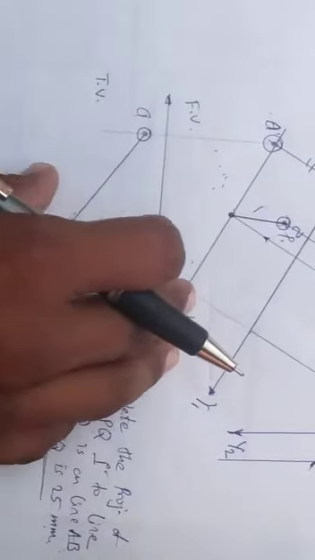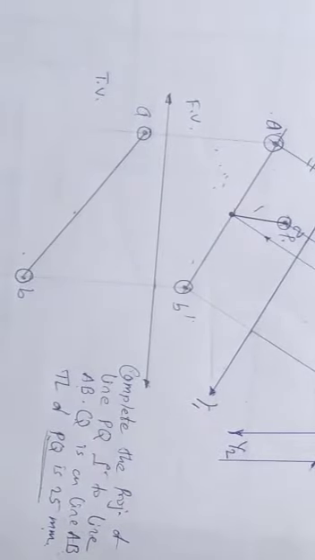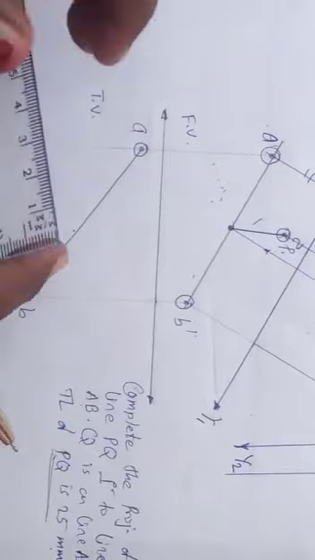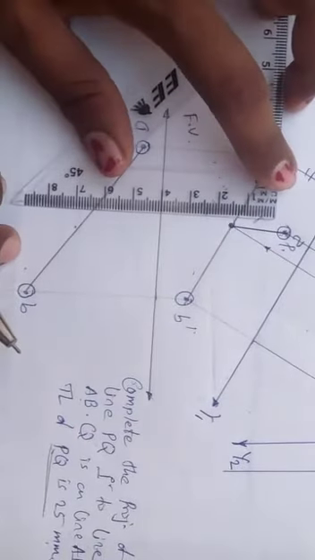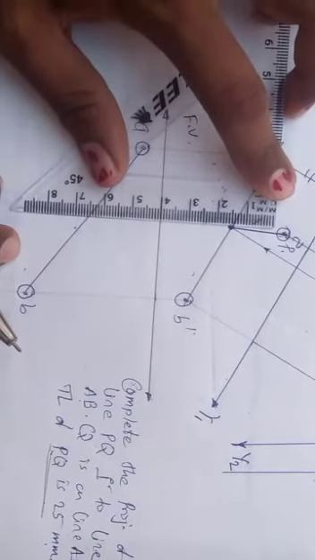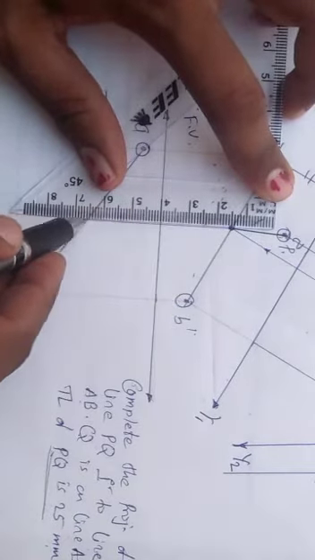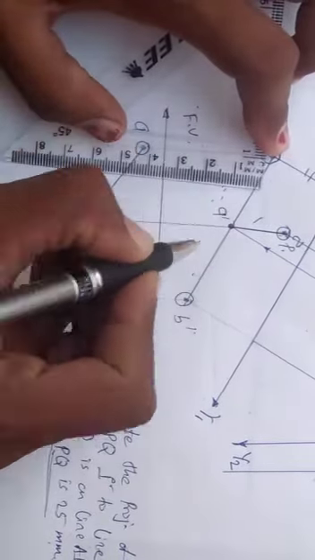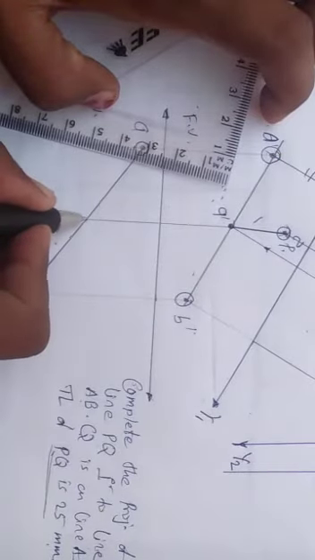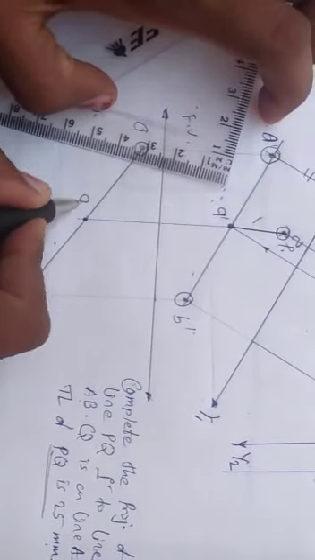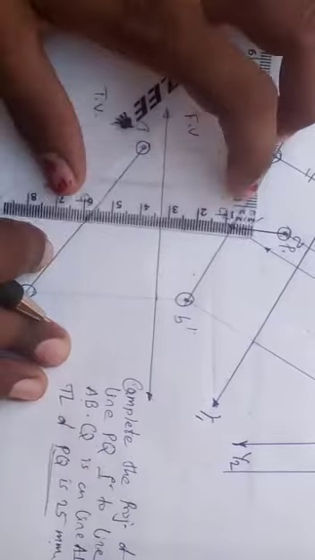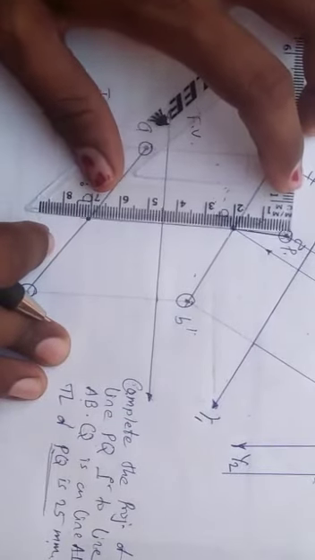How to transfer these two points in the top view? Perpendicular to our regular XY. This is point Q's projector. Q is on line AB, so locate Q here. Now transfer the projector of P.